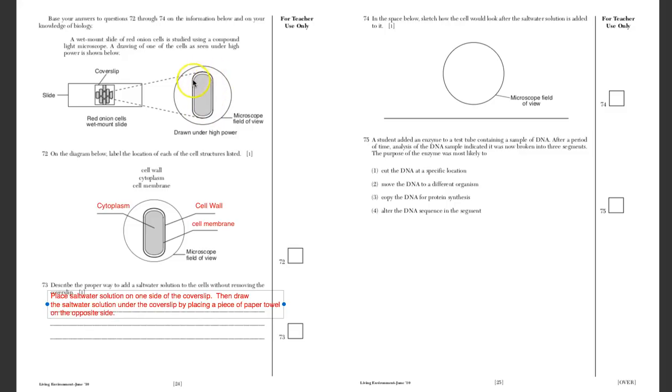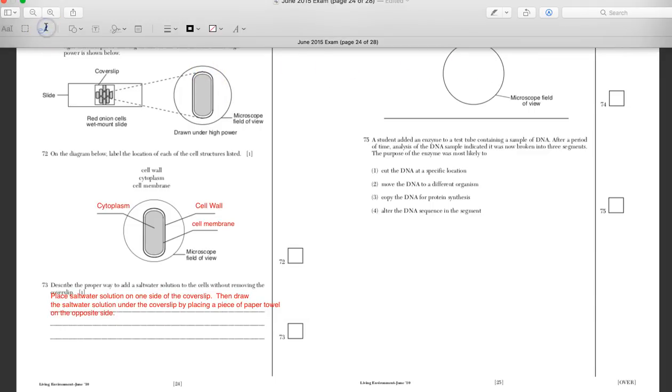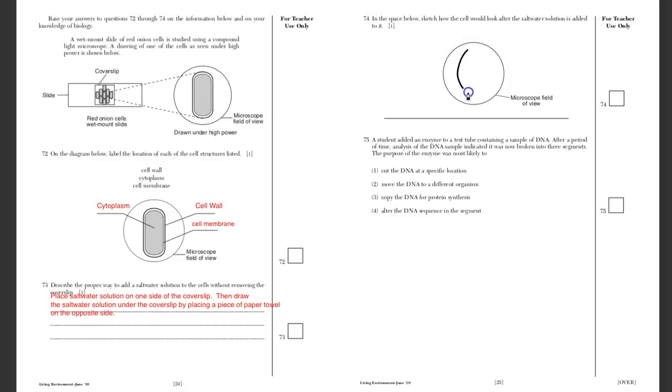You just have to keep the cell wall the same exact way. So let me see if my pen is going to work, and let's give it the real onion color.